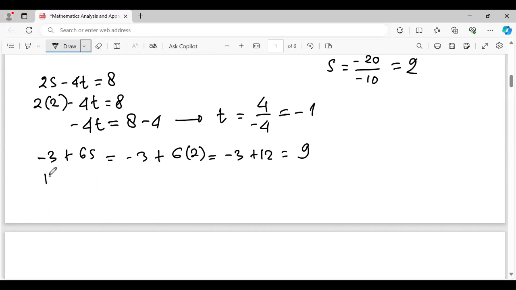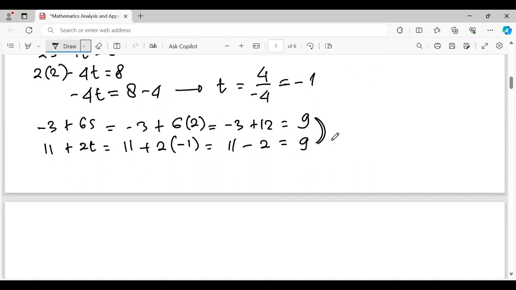And 11 plus 2T is 11 plus 2 times minus 1, 11 minus 2 equals 9. So this proves that they have an intersection point.